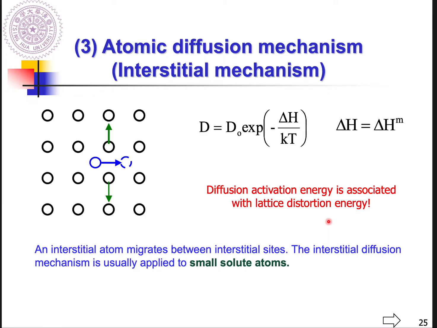Okay. And the diffusion activation energy is associated with the lattice distortion energy, which we call the migration energy M.